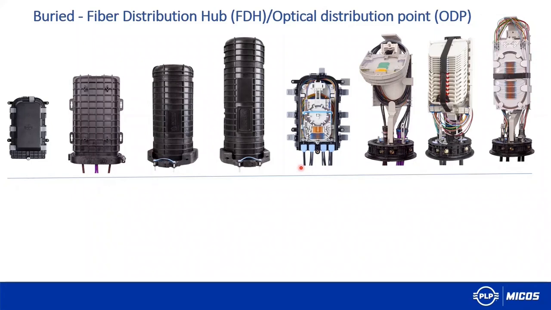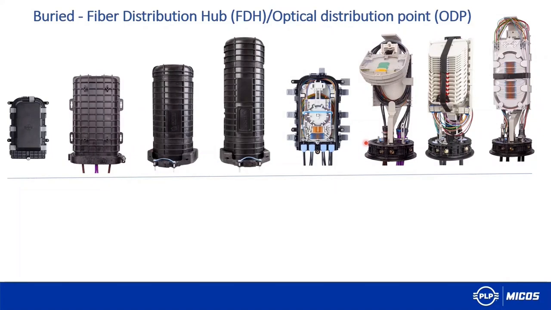There are plenty of them on the market, with different types of structure. You can see here we have one with large hinged trays where you can, for example, put 72 splices in one tray. Then you have this kind of hinged system, and then you have standard flat trays. So there are many different options.